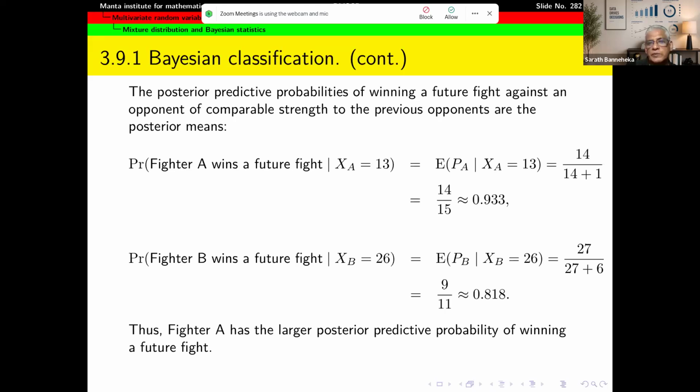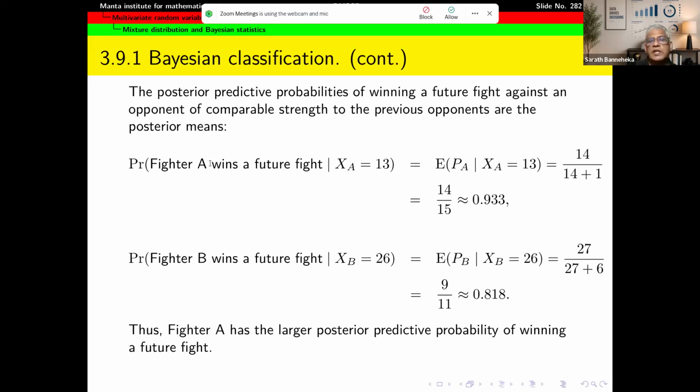Posterior predictive probability. Right. We know the posterior distribution of PA. We know the posterior distribution of PB. So posterior predictive probability is actually the posterior mean of PA and posterior mean of PB, right?